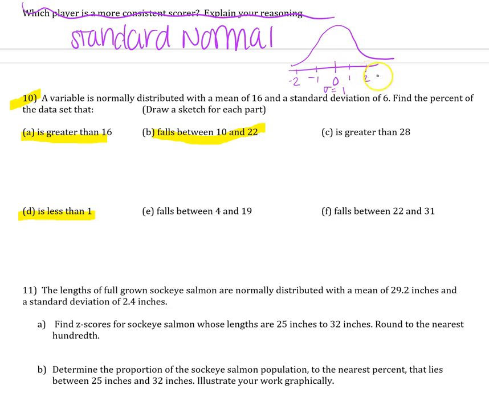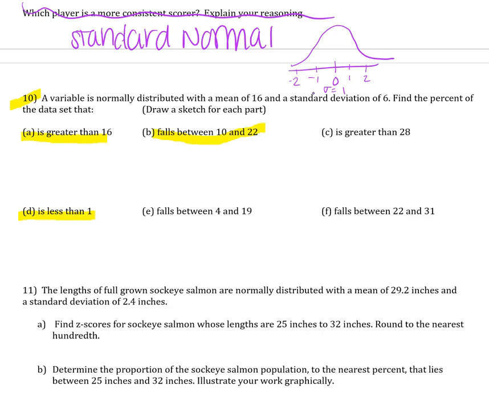So what makes this distribution standard is that the mean or center of the distribution is 0, and the standard deviation is 1. Now, thankfully, because not everything in life is standard, the calculator does a lot of the computations for us when the mean isn't 0 and the standard deviation isn't 1. But it's important to understand the standard normal curve to know what z-scores mean and all that fun stuff.